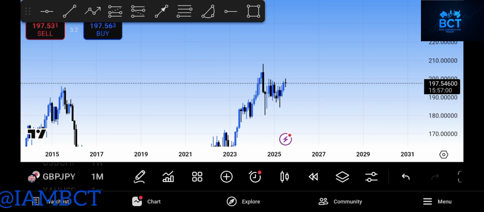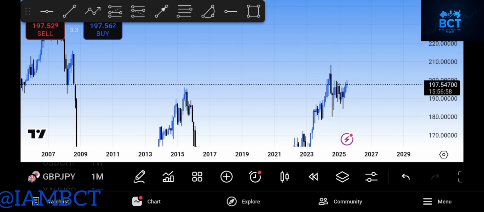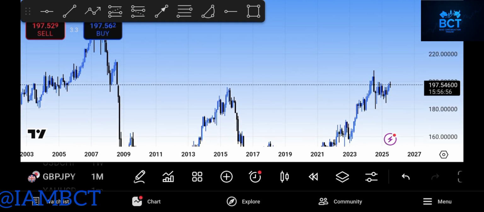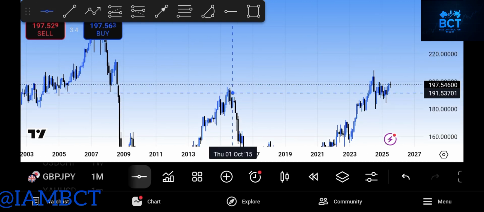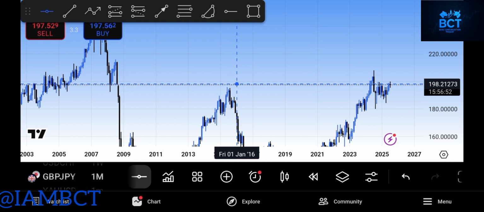So this is how I get my lines. Then lines. So there is a zone here, there is a level here.